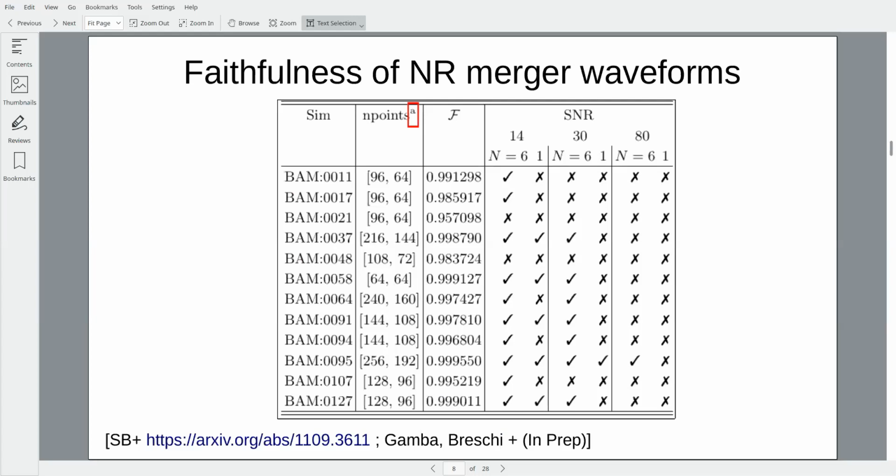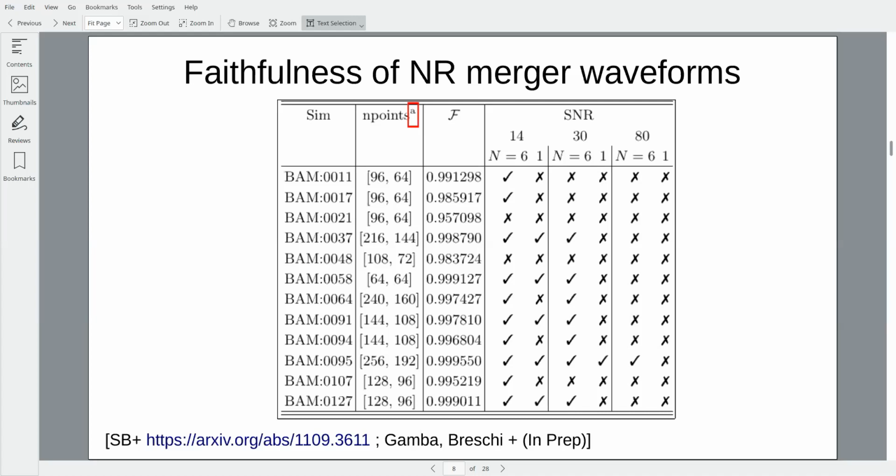Okay, so in this table, there are various runs. The number in the second column is the resolution that resolves a single star in the binary, and F is the faithfulness, with different faithfulness criteria at a given SNR. The moment you have a cross, it says that certainly the waveforms are not faithful enough.